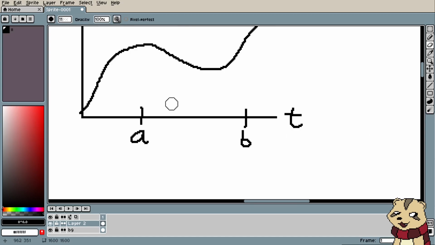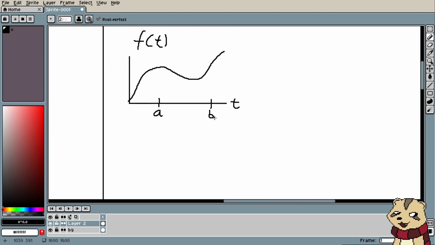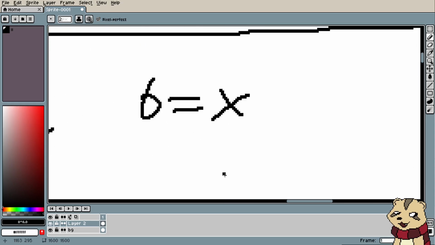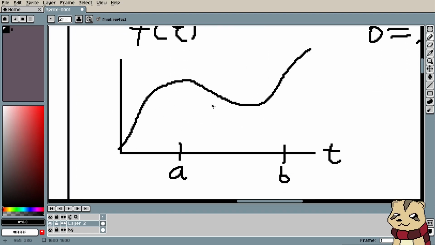I don't want a specific range from a to b. And how we're going to do that is I'm going to let b equal x. For some x that we're going to put into here, so let's say x equals 3, we're going to get the area of the curve up to x equals 3.